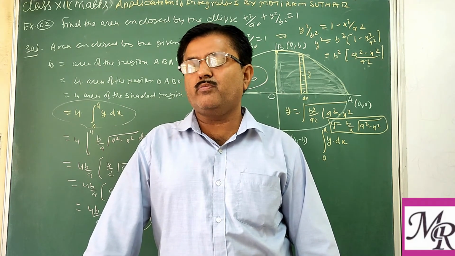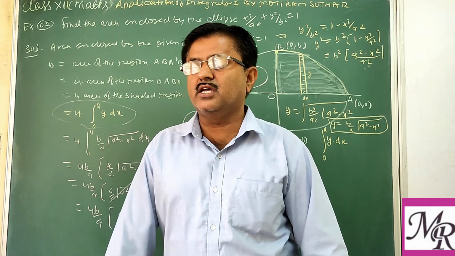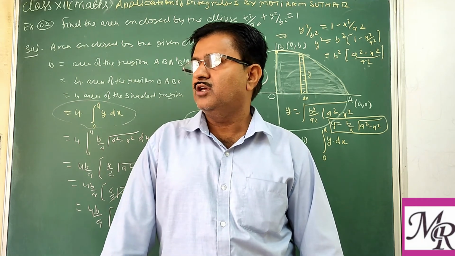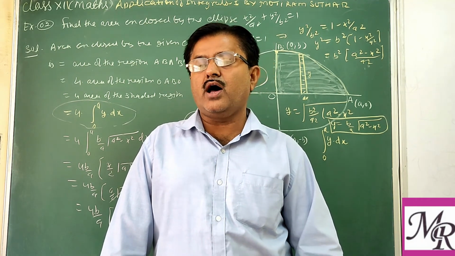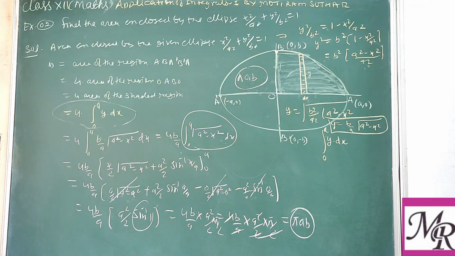So we have to discuss different types of problems. The important thing is that you should know the definite integral, as well as how to draw the graph of the given curve.